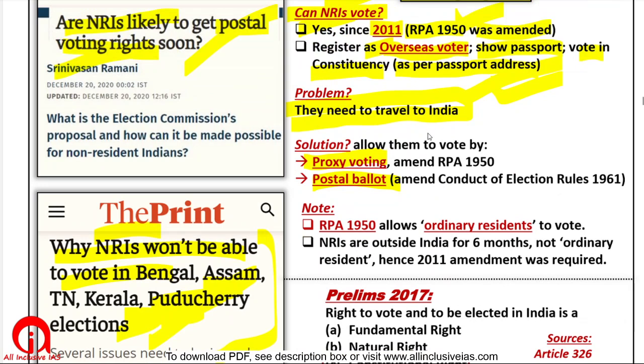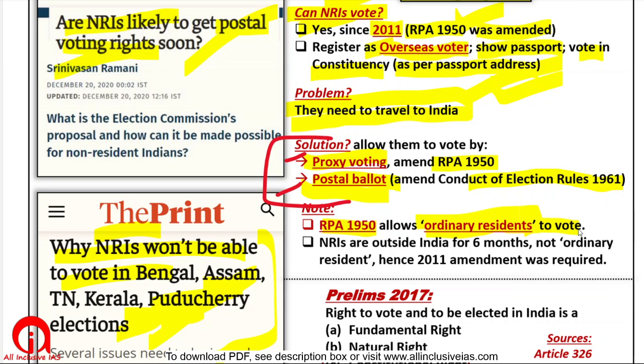So now the government wanted to give these rights to the NRIs. Right now they don't have these rights. If you want to give them proxy voting right, you have to amend RPA 1950. But if you want to give them postal ballot rights, then you just have to amend the Conduct of Election Rules 1961. Now RPA 1950 is about the voters, and it allows only ordinary residents to vote, like I explained earlier.